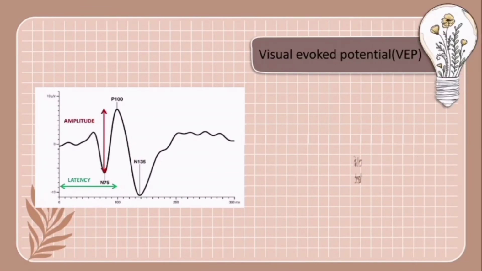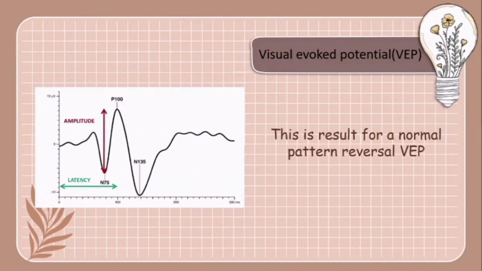Visual Evoked Potential, or VEP. This picture is the result for a normal pattern reversal VEP. Based on this result, the function of VEP is to record gross electrical signals generated at the visual cortex in response to visual stimulation.